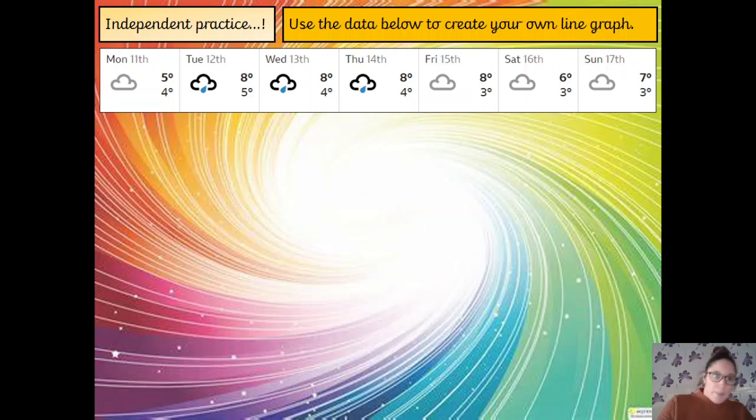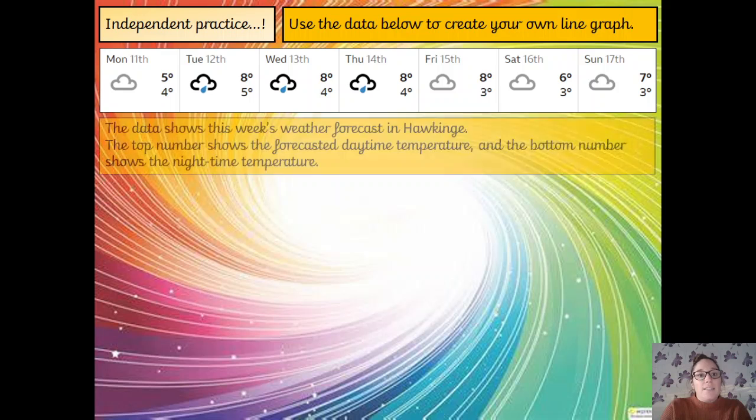So your independent practice today is to use the data below to create your own line graph. The data that we can see here shows this week's weather forecast in Hawkinge. Now this is true, this is an actual weather forecast, so we're not looking for great weather. The top number shows the forecasted daytime temperature, and the bottom number shows the nighttime temperature.